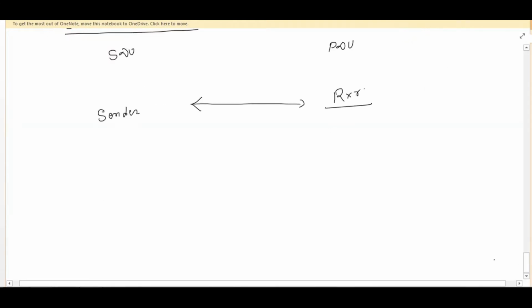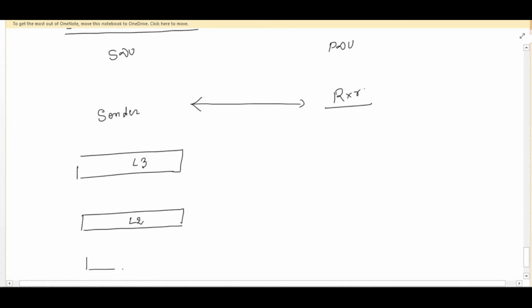Within the sender device or the receiver device, your entire information will be processed by three layers: Layer 3, Layer 2, and Layer 1.